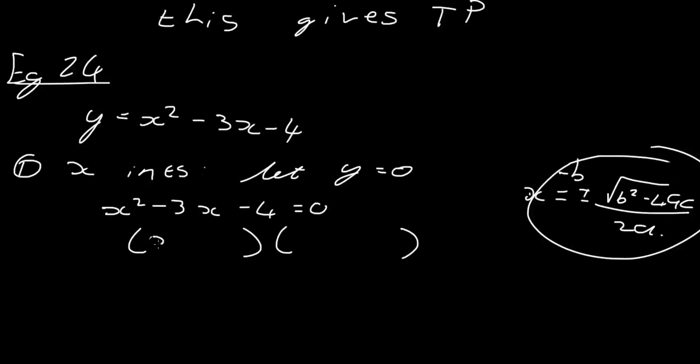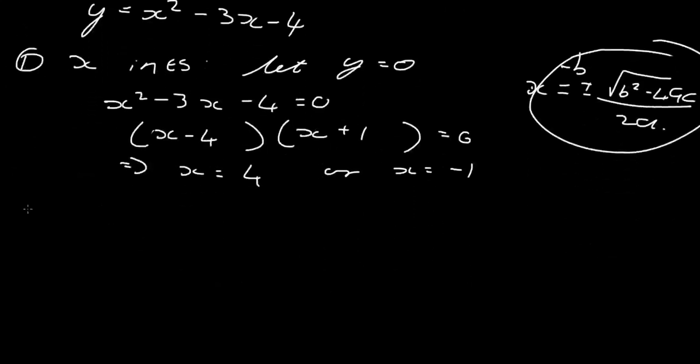So it factorizes into x minus 4, x plus 1 equals 0. Therefore, x equals 4 or x equals minus 1.